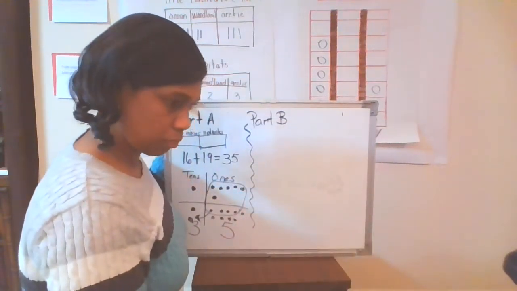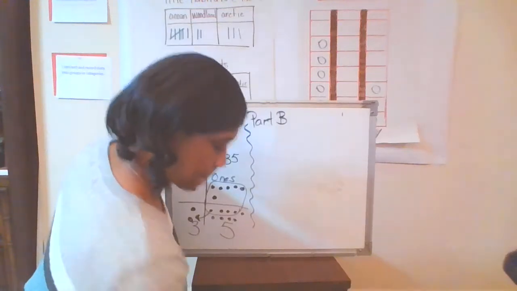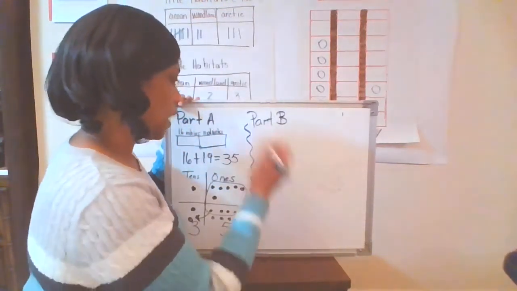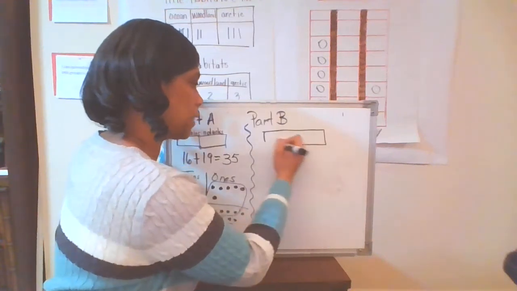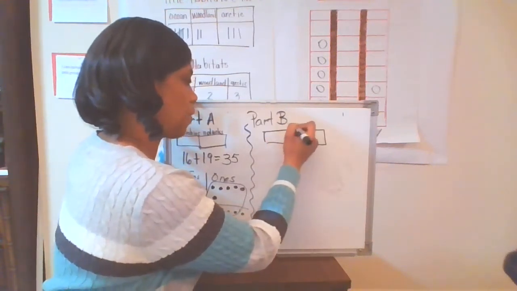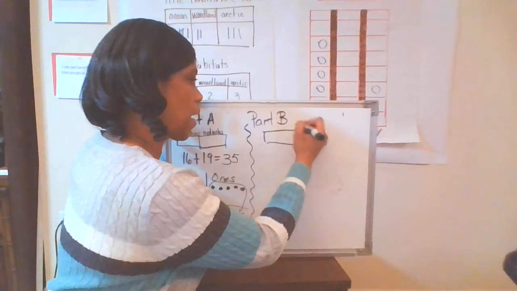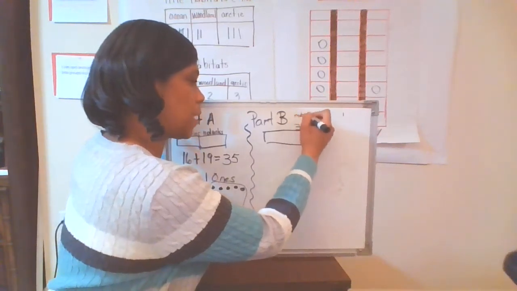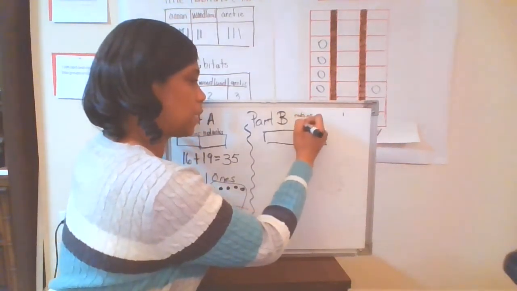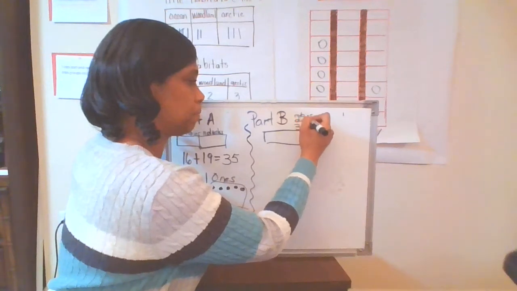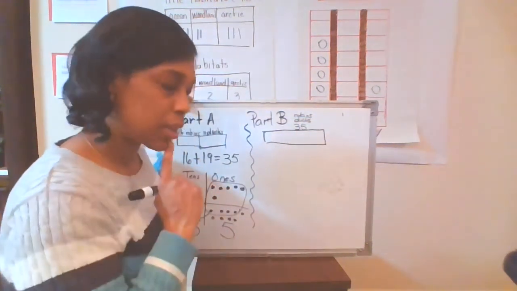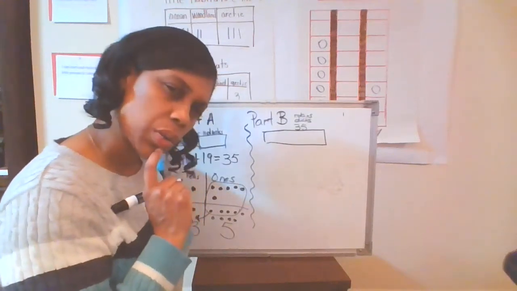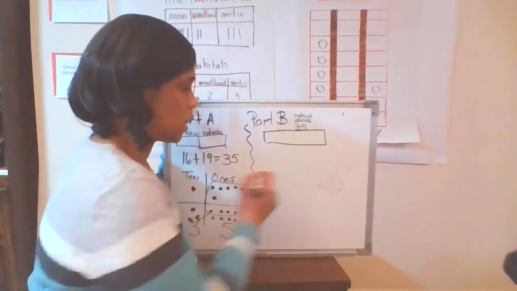So I know that the robins and ducks represent the number 35. So I'm going to put 35, and that's for my robins and my ducks. Okay. Next, I'm going to have to draw the squirrels. We said squirrels were 17.